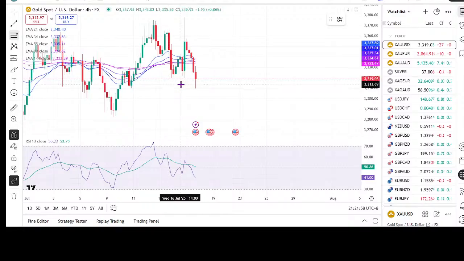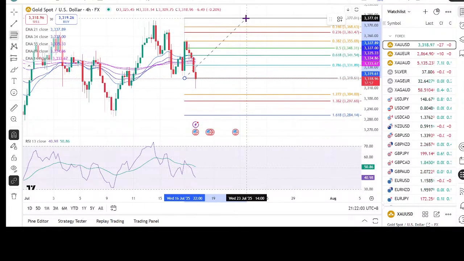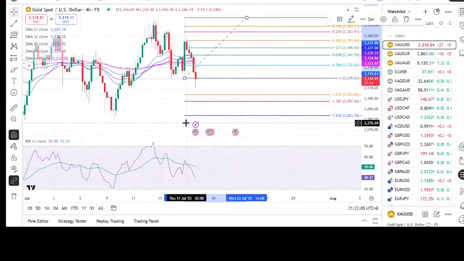Let's see the target first. The targets we are looking for are 3304, 3298 or 3300, and finally 3284.